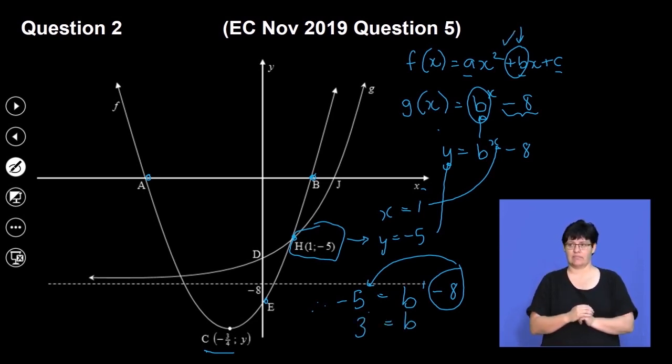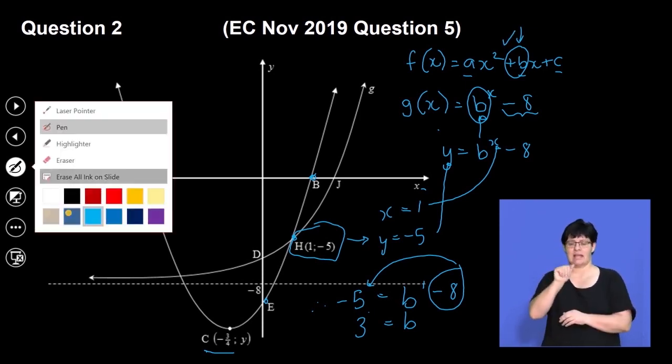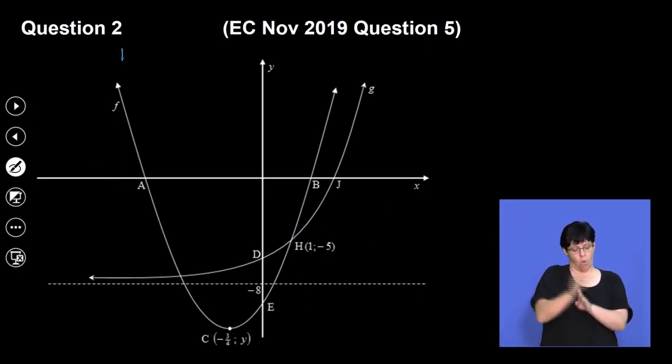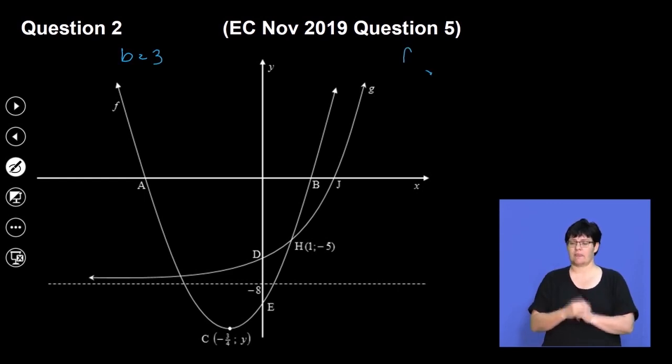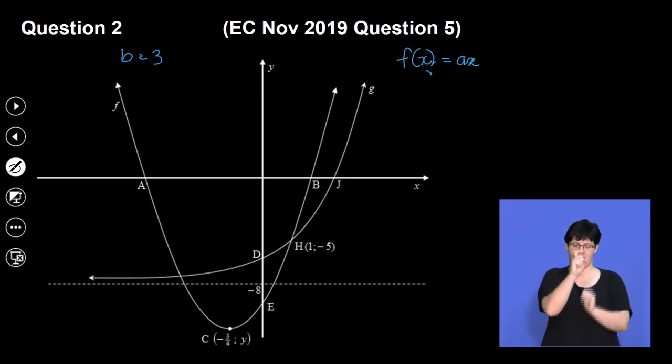So I found the value of b, and I can now move my attention to both a and c. I'll write up here that b was equal to 3. So I can now change my equation slightly: f of x is equal to ax squared plus 3x plus c. I'm getting there.